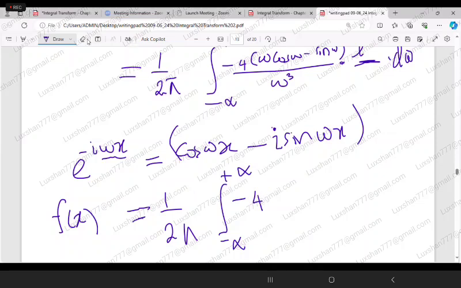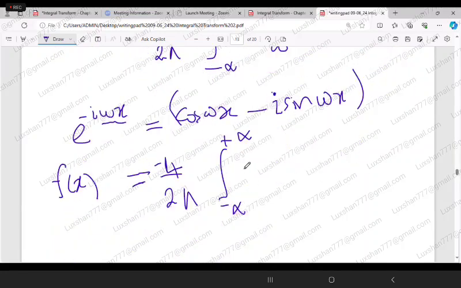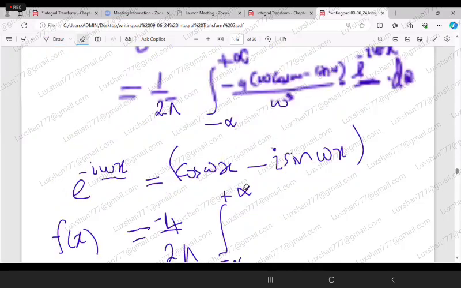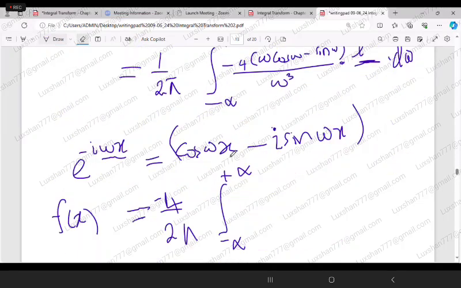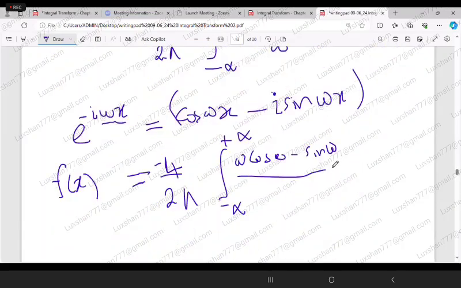1 over 2 pi, integral from minus infinity to plus infinity, and I'm taking this minus 4 also out. So if I take minus 4 out, then I have minus 4 here. Then, look at here, what I have is omega cos omega minus sin omega, divided by omega cube.